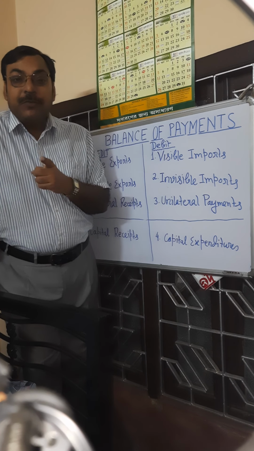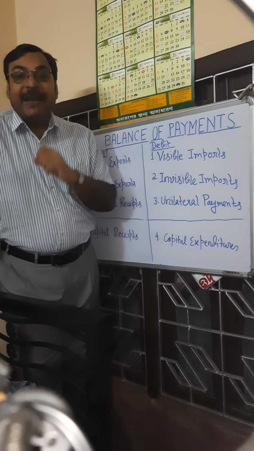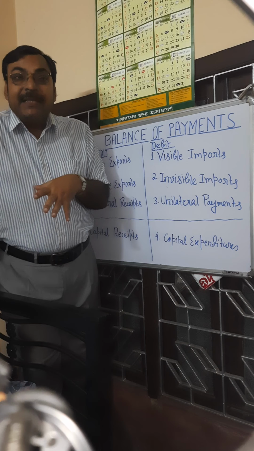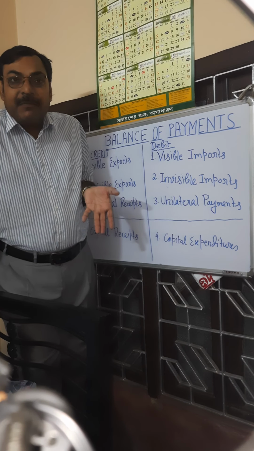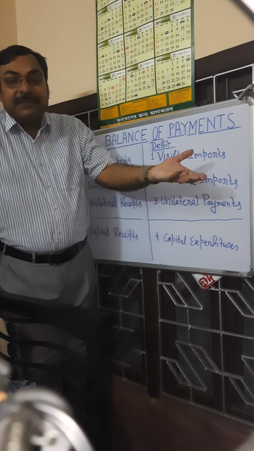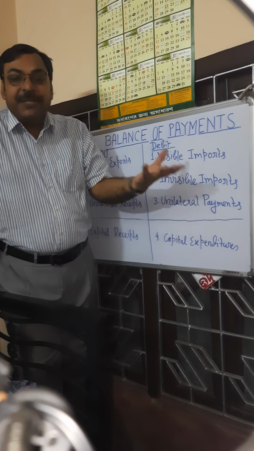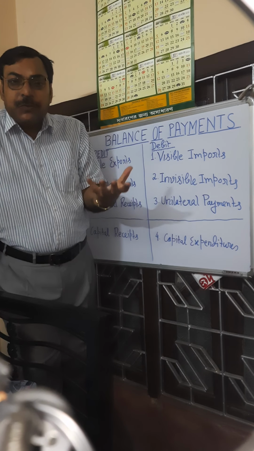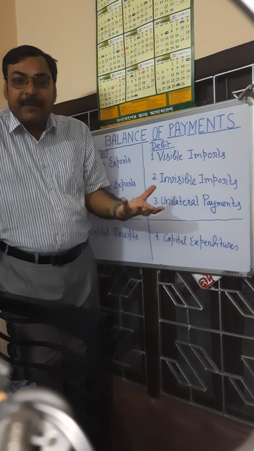It also includes official currency reserve account. Whenever there is excess, surplus in our balance of payment account, that extra income will be transferred to the official currency reserve. Official currency reserve refers to the reserve of foreign currency, gold, etc.